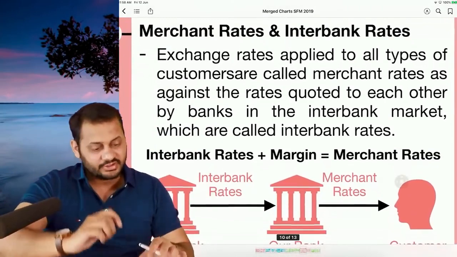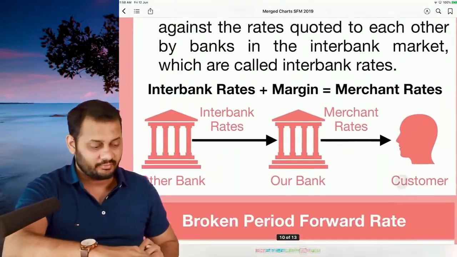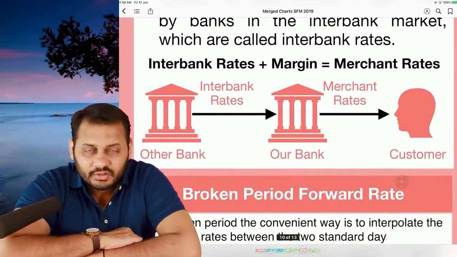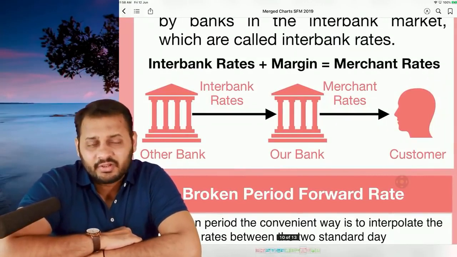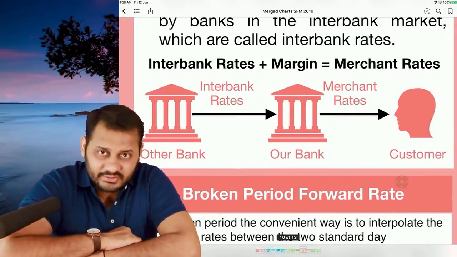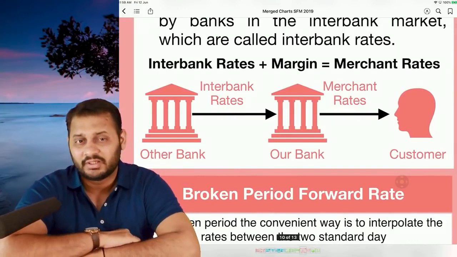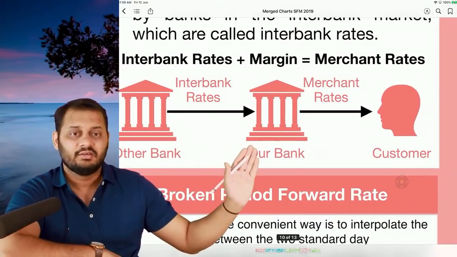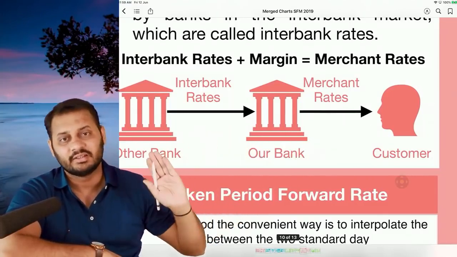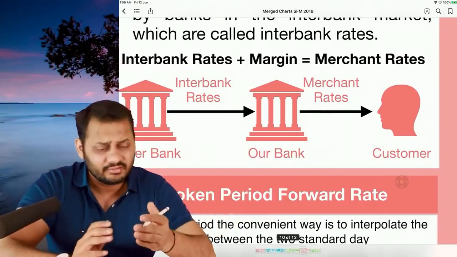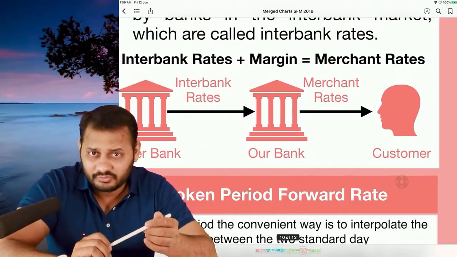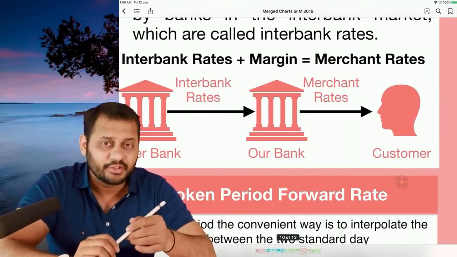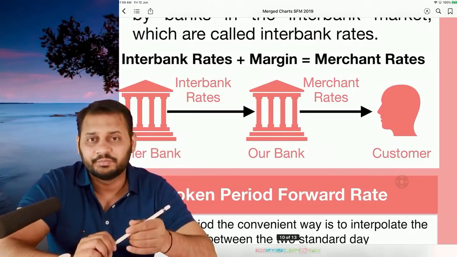Then comes the merchant rate and interbank rate. Very important to understand. The quotations given to you may be merchant rates or interbank rates. But what happens in the normal market? This is our bank, and this bank deals with the customer directly and other banks also. It's just like a Mother Dairy shop in your colony.